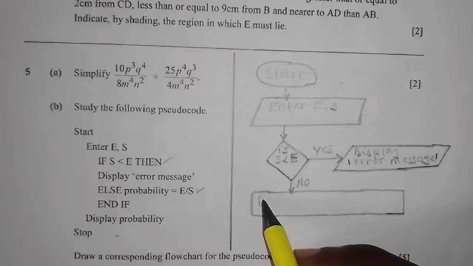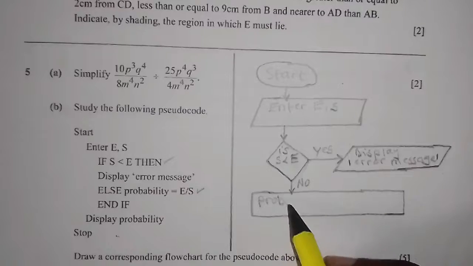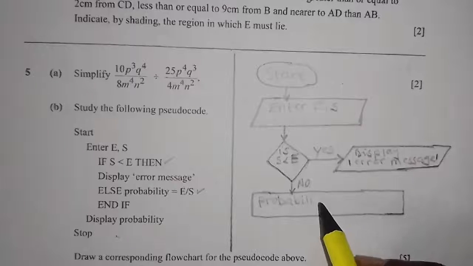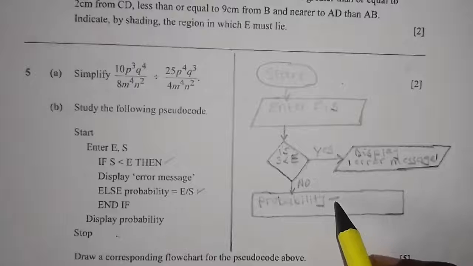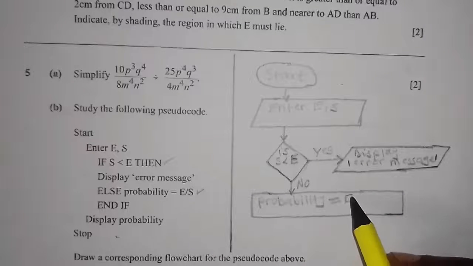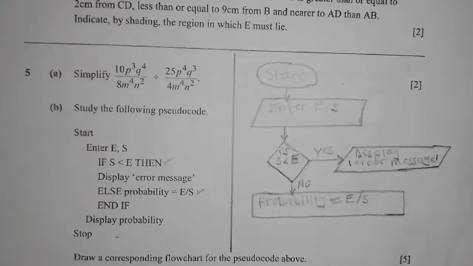You're going to say probability is equal to E divided by S. So probability equals E divided by S.